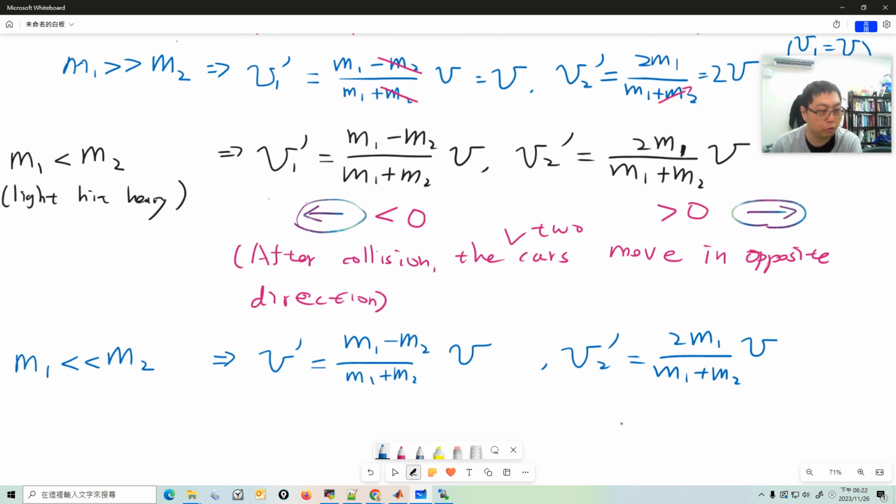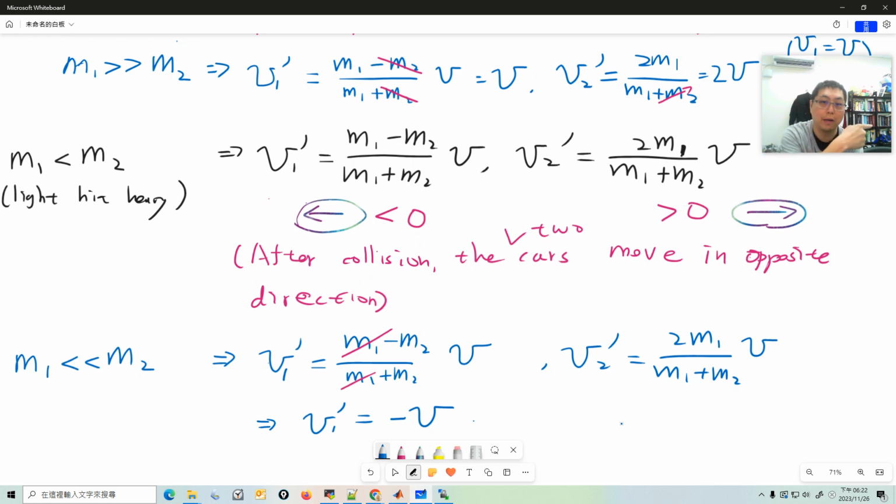V1 prime is equal to (M1 minus M2) over (M1 plus M2) times V, and V2 prime is equal to 2M1 over (M1 plus M2) times V. If M1 is very small compared to M2, then M2 is much greater than M1, so M1 is not important anymore. So V1 prime is equal to minus V.